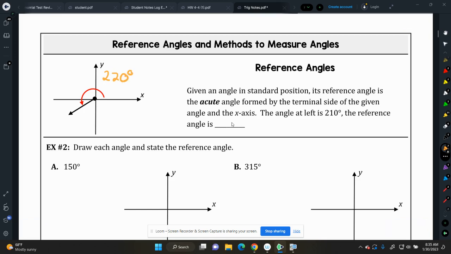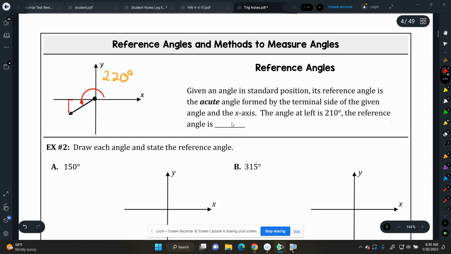When we're talking about the sine and the cosine, we're going to end up making these right triangles to determine the length of the sides. Well, I don't make a right triangle with the full 220 degrees. I make a right triangle with the x-axis.